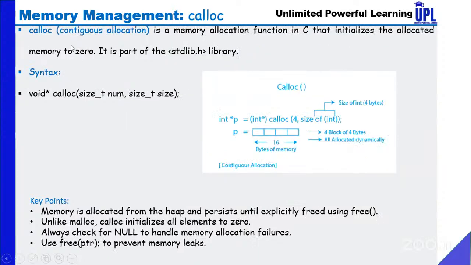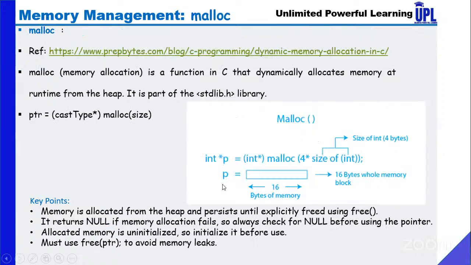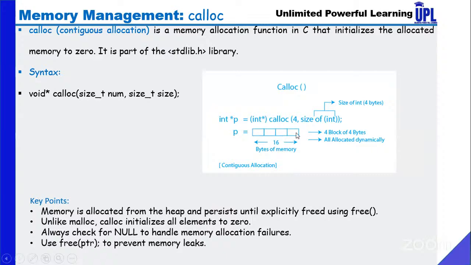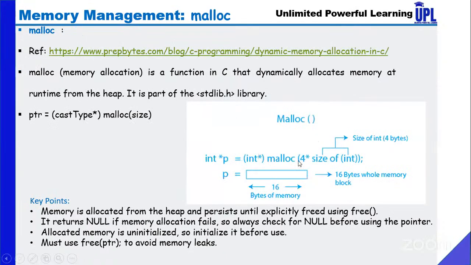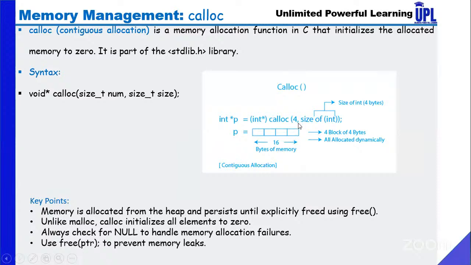There is only one difference here: with malloc, the 16 bytes memory location is not initialized to 0, but with calloc it is initialized to 0. Also, malloc takes only one argument, 4 into 4, 16 bytes of memory, but calloc tells how many blocks of contiguous memory: 4 blocks, 1, 2, 3, 4, each of integer type, 4 bytes. So contiguous block, 4 blocks of 4 bytes, all allocated dynamically. This is the difference between malloc and calloc.